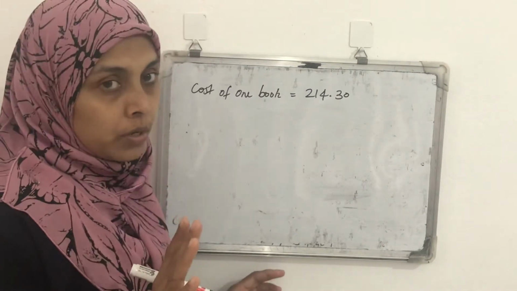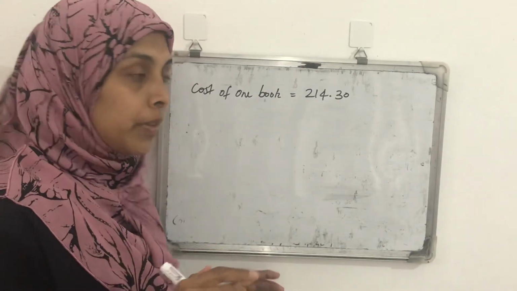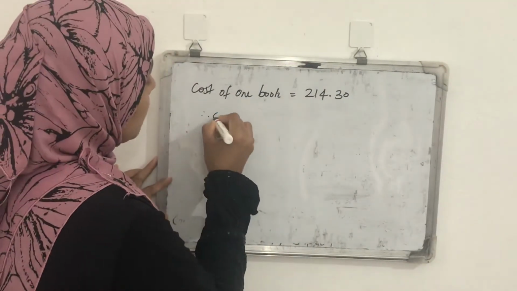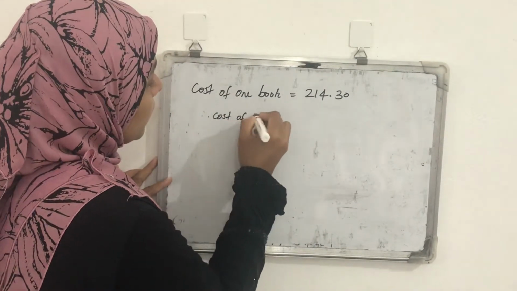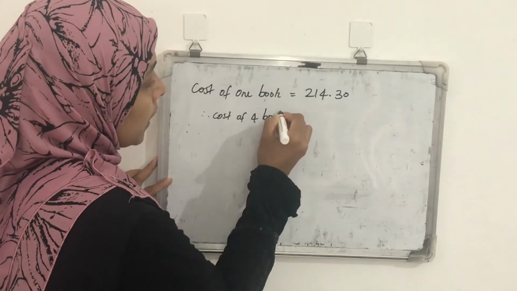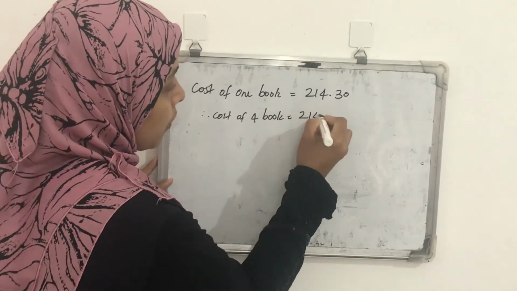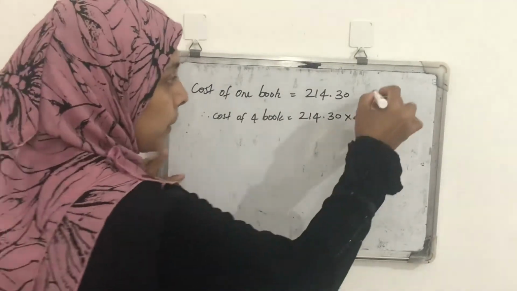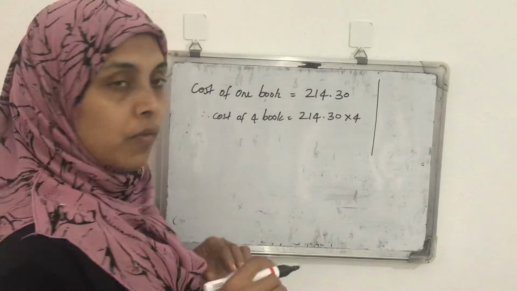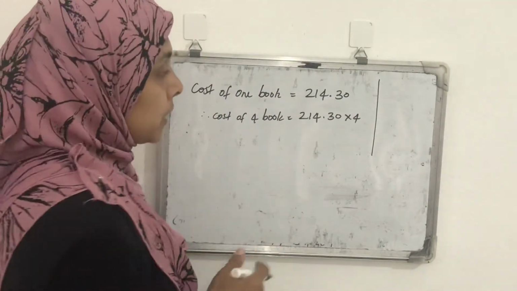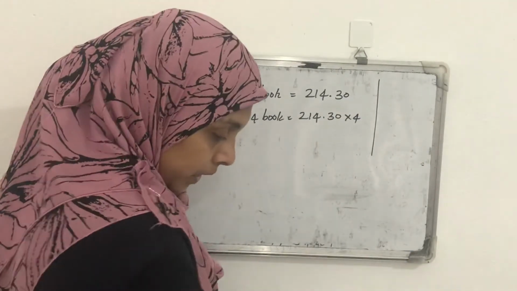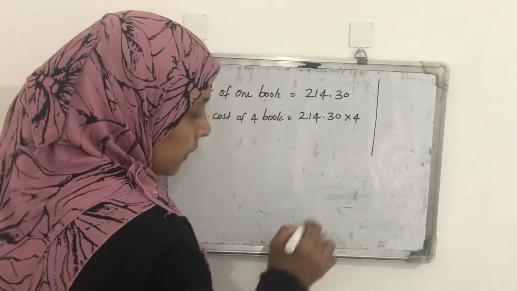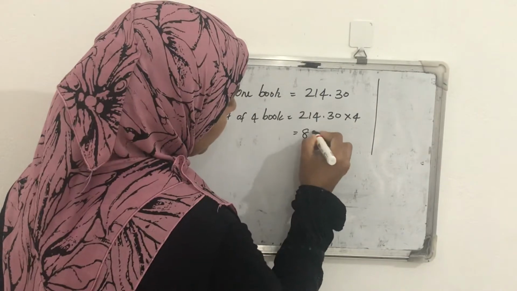How many books did she buy? 4 books she bought. So what will be the total cost? The cost of one book multiplied by 4. Therefore, cost of 4 books equals 214.30 into 4. So multiply using the rule of multiplication of decimals. By multiplication we get 85,720.